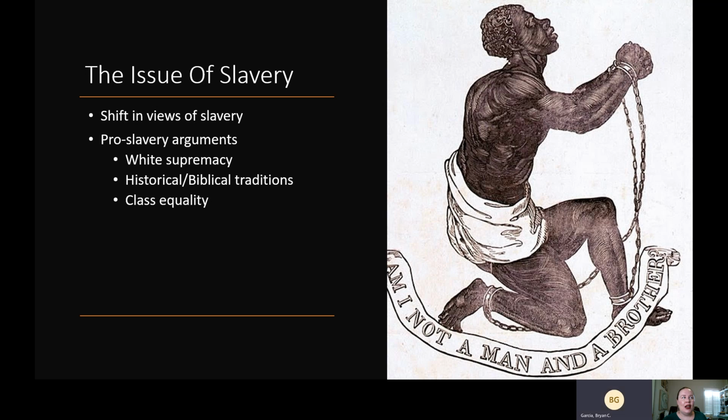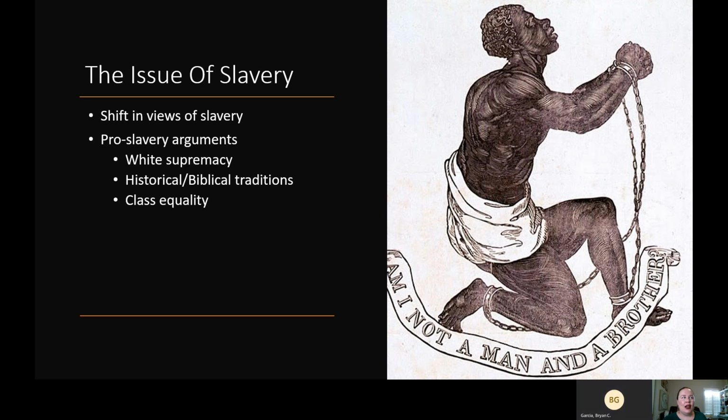Yep. All right, so because of that, and because of your growing abolitionist movement in the North, which you guys are going to start reading about next week, there are a lot of Southerners who feel the need to defend slavery. And so the arguments in favor of slavery kind of follow three tracks. The first one is slavery establishes white supremacy.